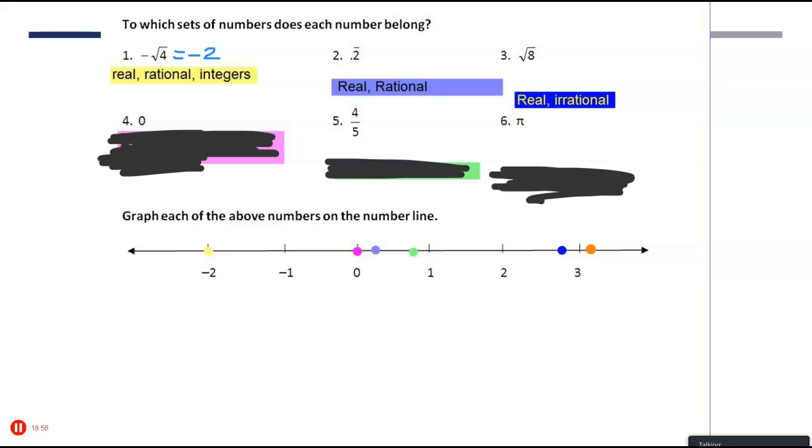So the integers are like your number line numbers. So 0 gets a lot of descriptions. It's a real, rational, integer, whole. Remember I told you we kind of flowed down on the chart. So if 0 is a whole number, it's everything above the word whole numbers.